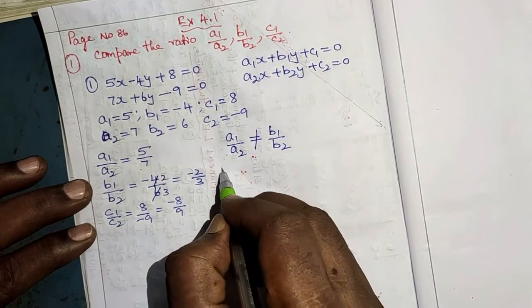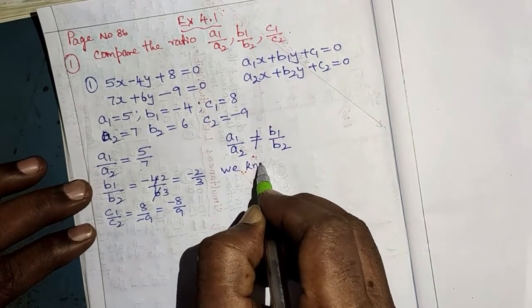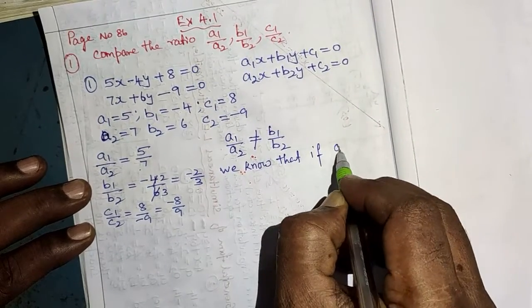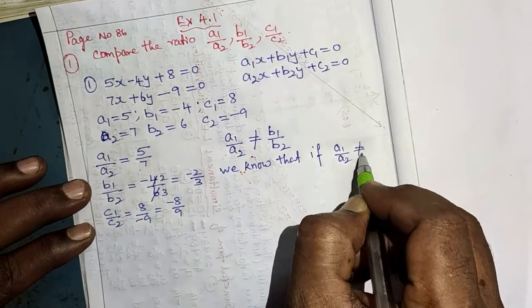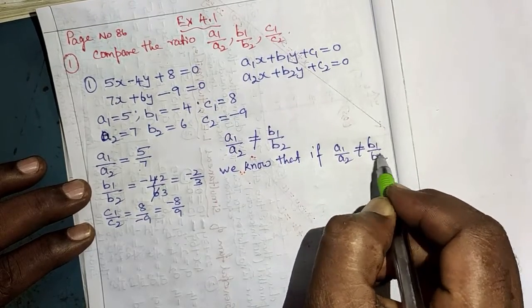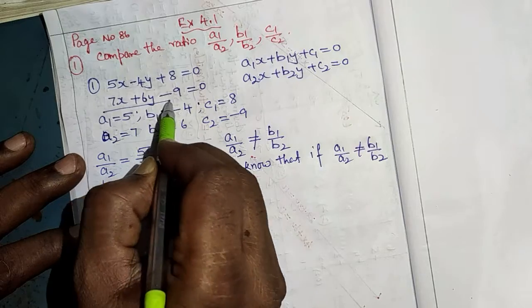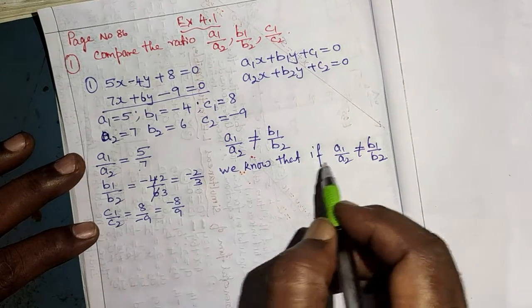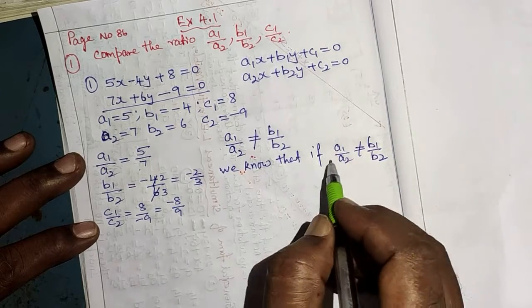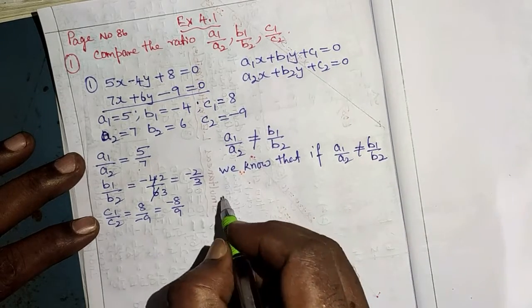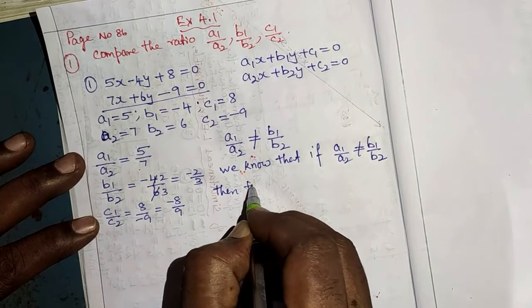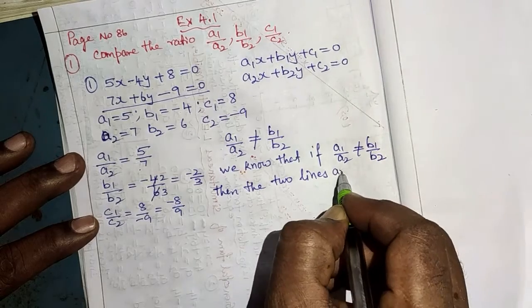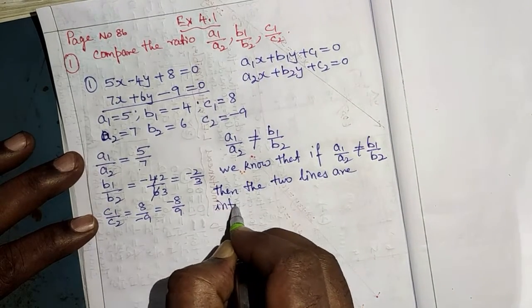So what we write here is, we know that if a1 by a2 is not equal to b1 by b2, then the two lines are intersecting lines.